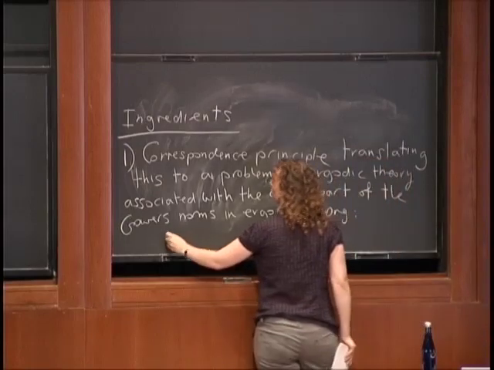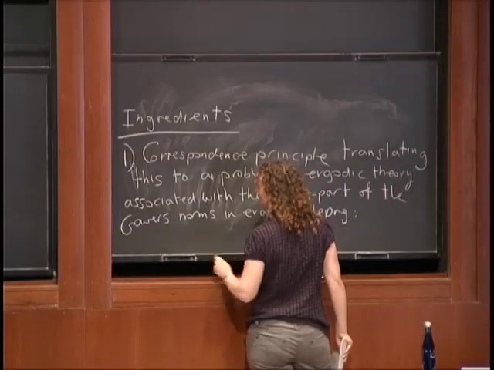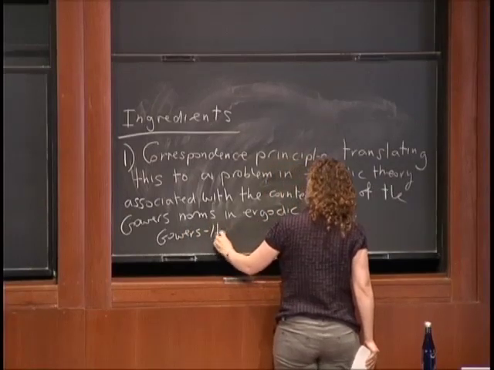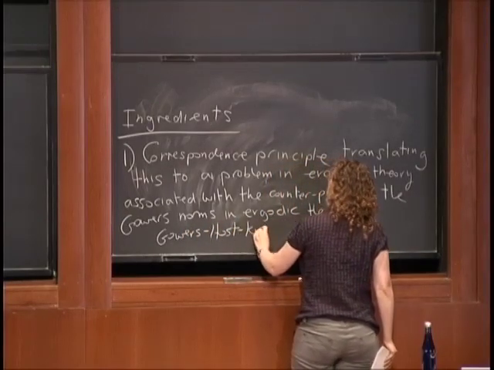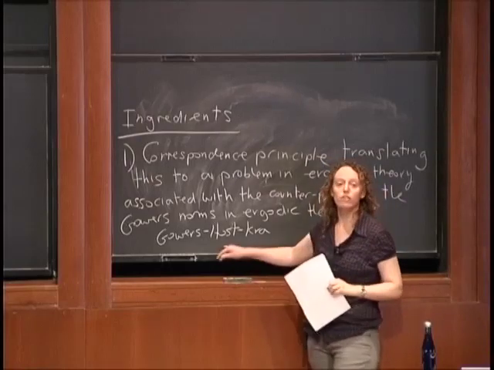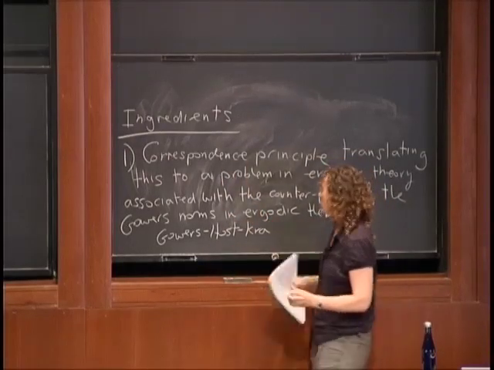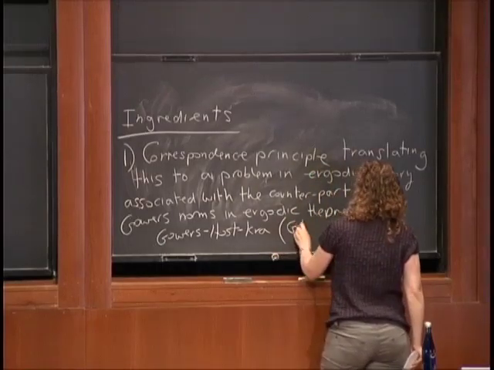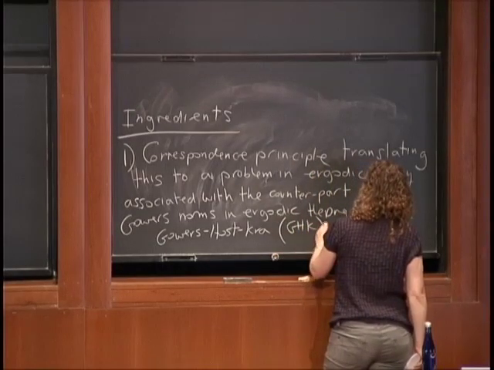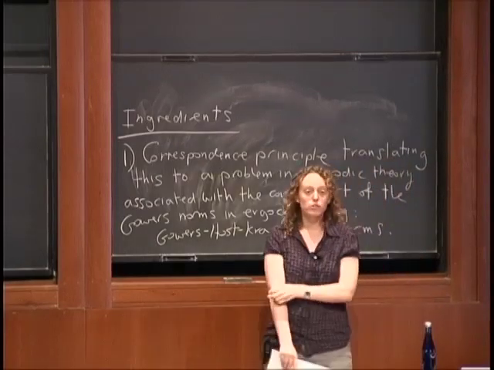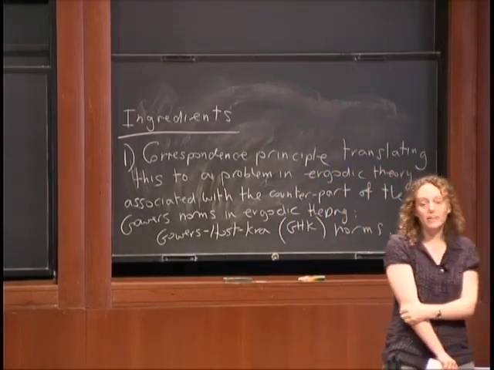We may have time to describe them later; these are Gowers-Host-Kra norms. Since they were studied by Host and Kra in connection with a Z action, and we're going to look at a different group action, I'll call them GHK norms. Okay, so the first step is a kind of compactification process.